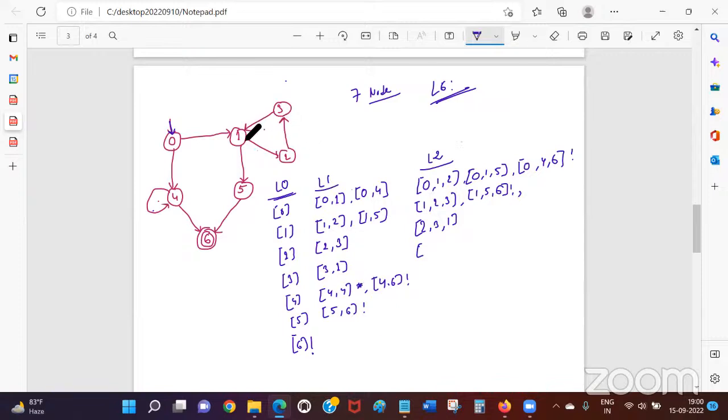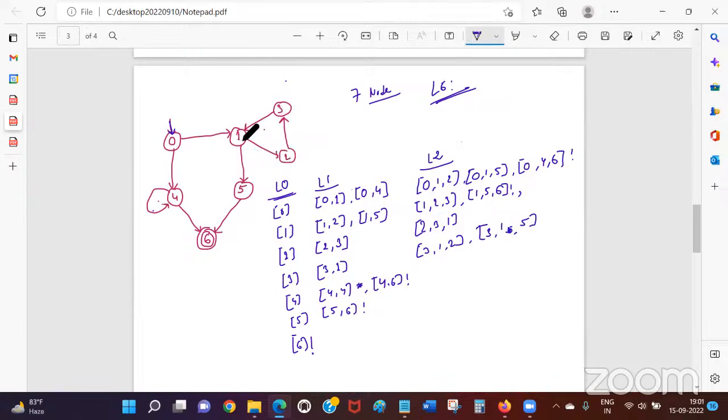I can have 3, 1, 2. That's fine. But there is nothing with any more than 3. Okay, 3, 1, I can have 3, 1, 5 also.